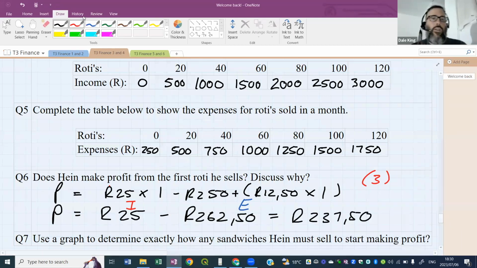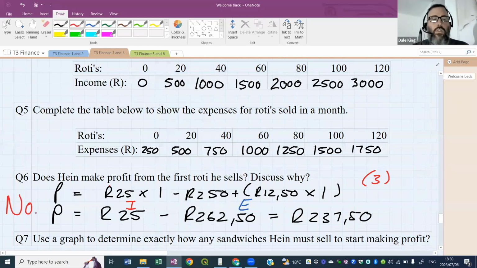Now, in this question they say, does he make profit? Discuss why. You can use a sentence, but in math literacy you should be using calculations. So there should be a no answer somewhere in the front.